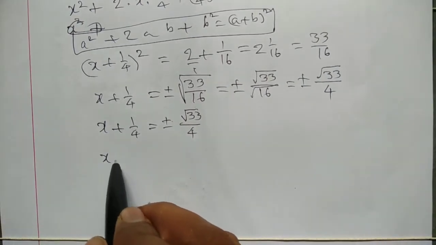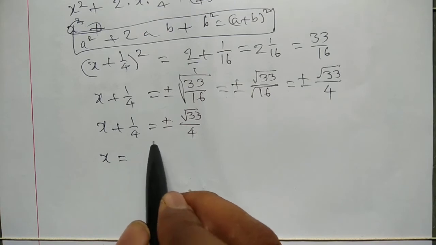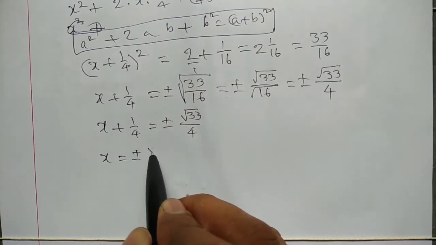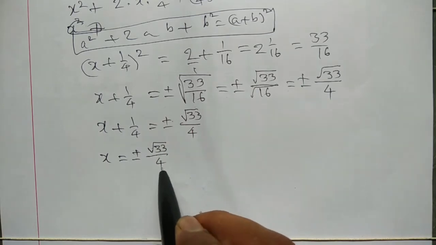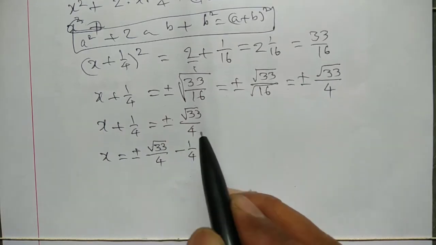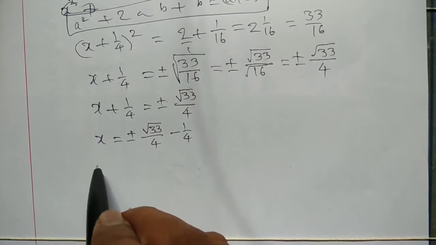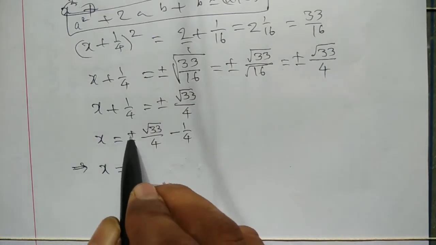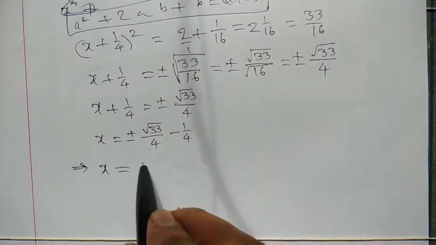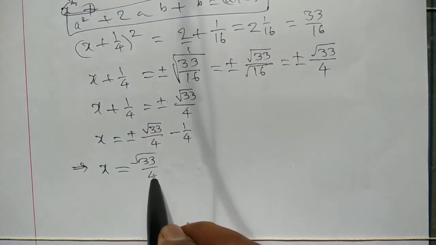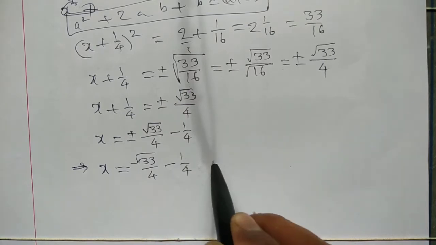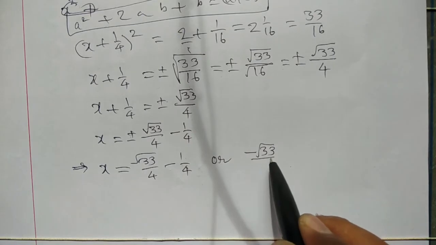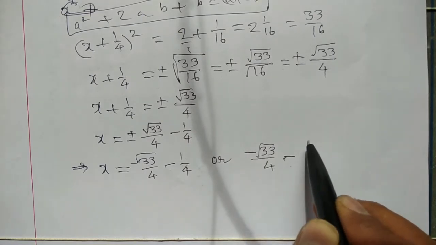So x + 1/4 = ±√33/4, and x = ±√33/4 − 1/4, that is, x = (√33)/4 − 1/4 or x = −(√33)/4 − 1/4.